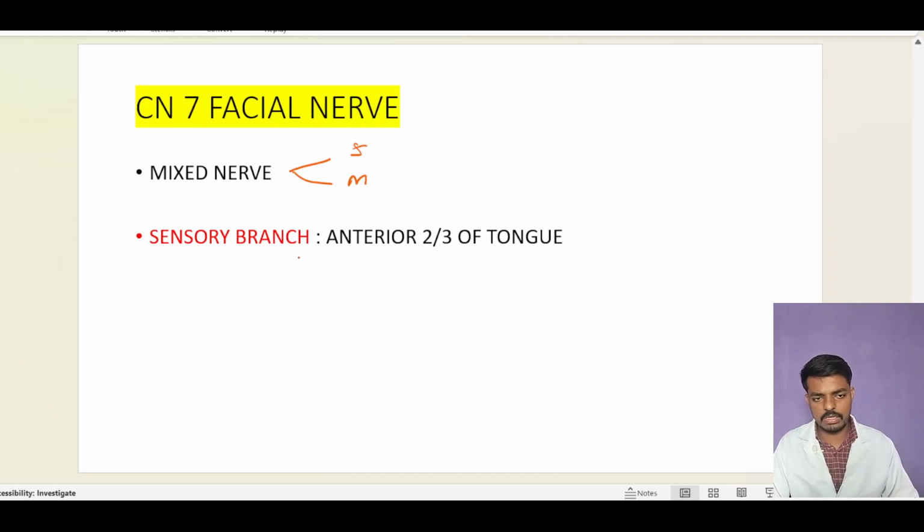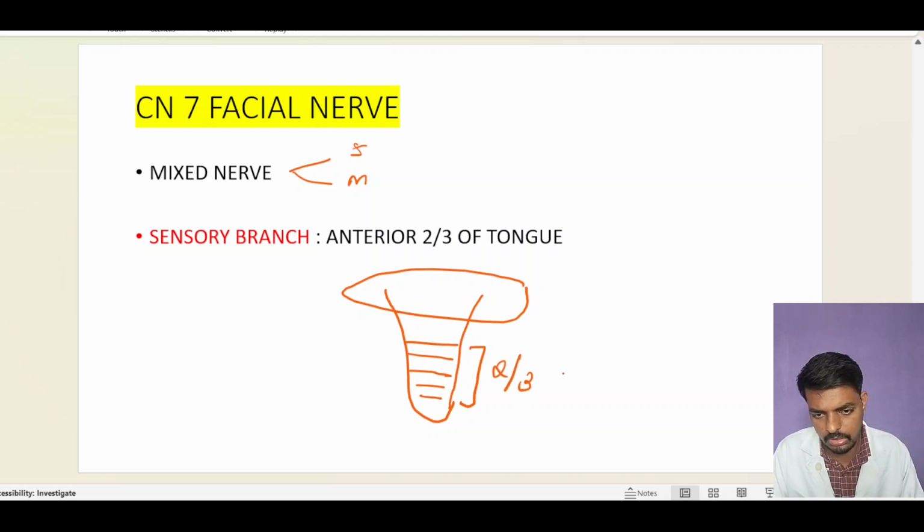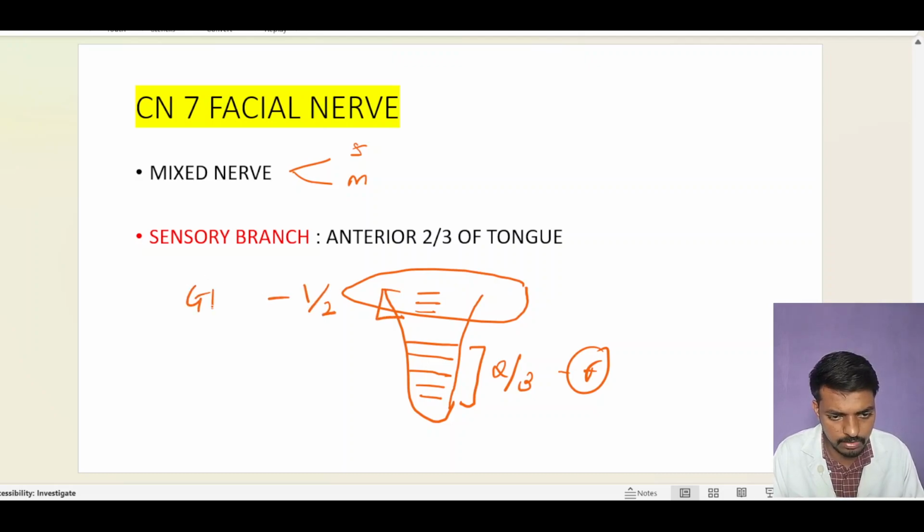Where is the sensory branch supplying? See here, it is your beautiful mouth, and here is your tongue. Very important point, the entire anterior two-third part of your tongue is supplied by the facial nerve, and the posterior one-third is supplied by the glossopharyngeal nerve.